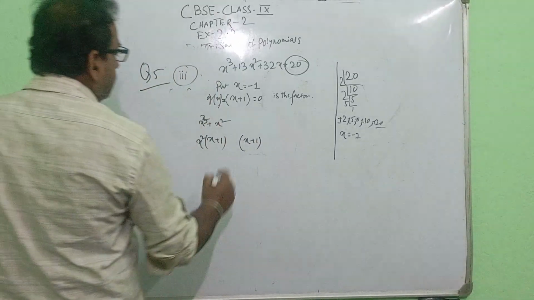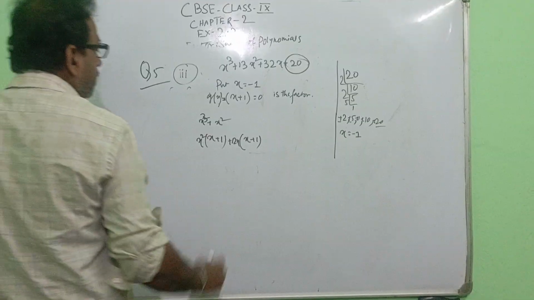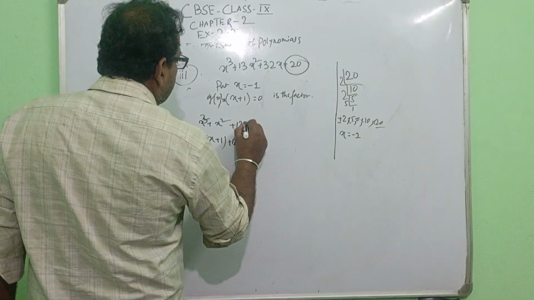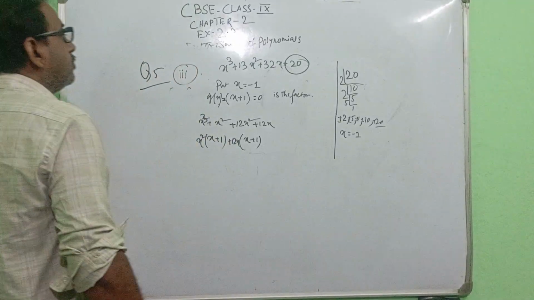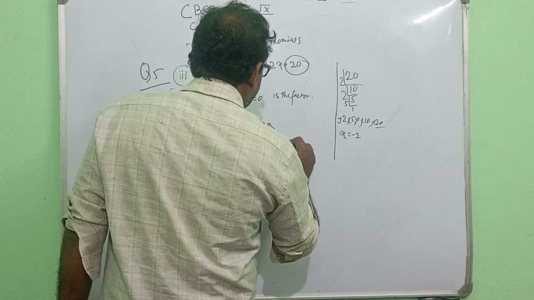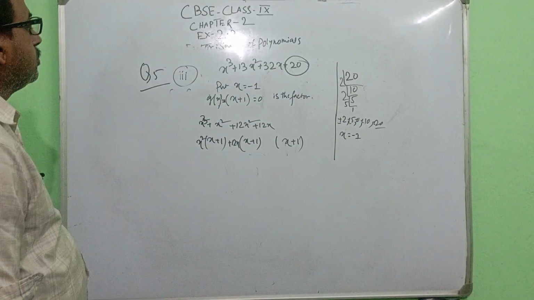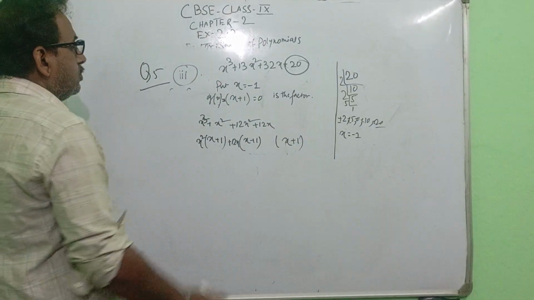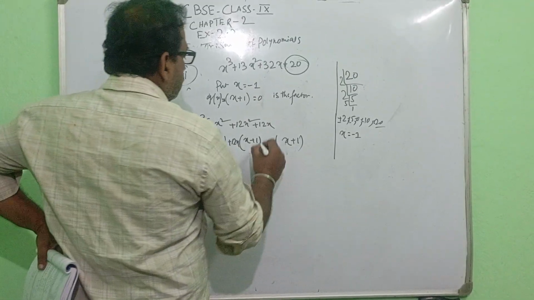What do you want? We have to put plus 12x. So 12x I have, I want 32x. So what will that be?